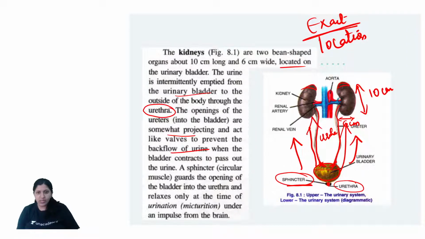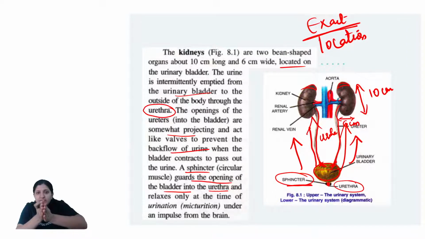Then other than that, when the bladder contracts to pass urine, the sphincter muscle will guard the opening of the bladder into the urethra. The black color you find here is the sphincter muscle which is shown. This sphincter muscle will help in the opening.